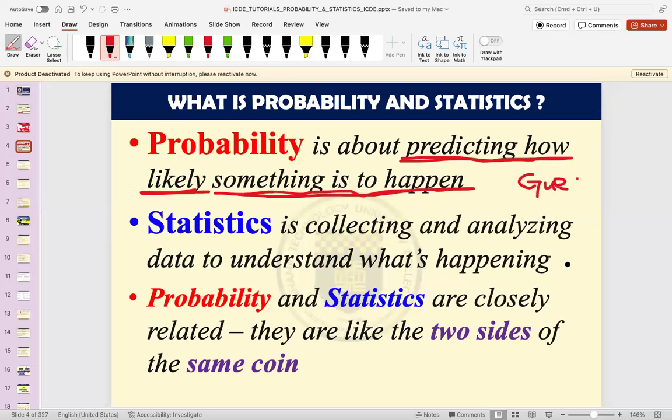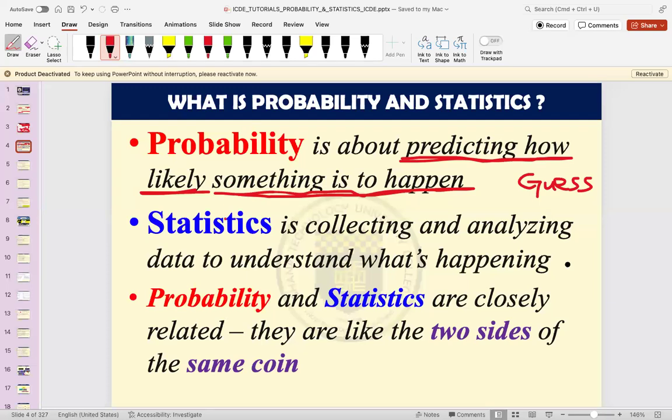In probability, you try and do a good guess, and then you have good results. So probability is not about today. It's about tomorrow. It's not about yesterday. It's not about today. It's about tomorrow. So that is probability, predicting how likely something will occur, or how your guessing can be right about something that is about to occur.